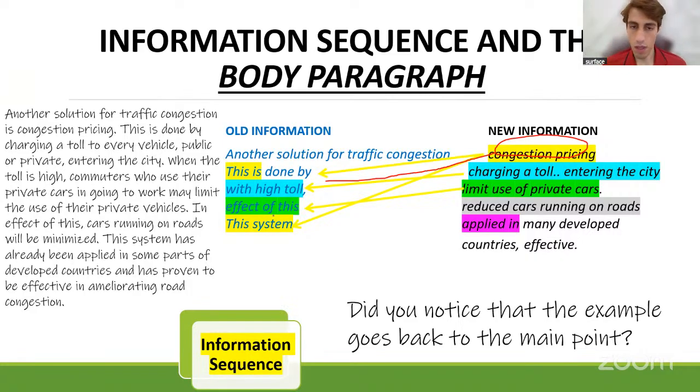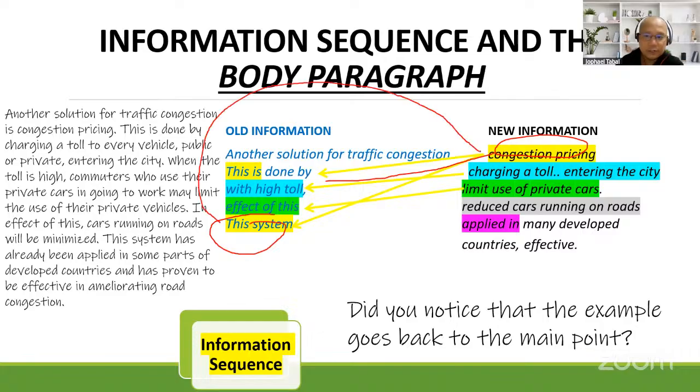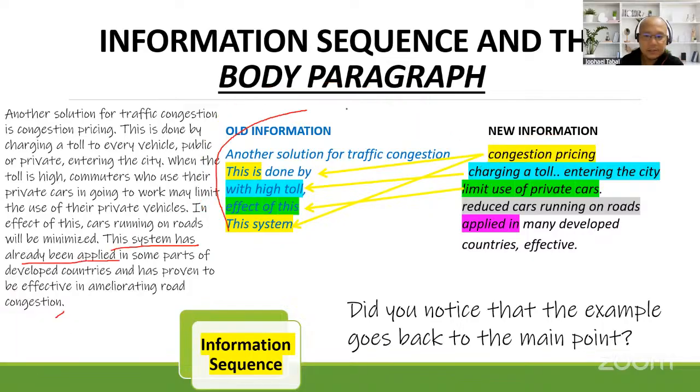So this system here refers to congestion pricing. So the system is the example here. This system has been applied, etc. So that is connected to the main point, which is congestion pricing.